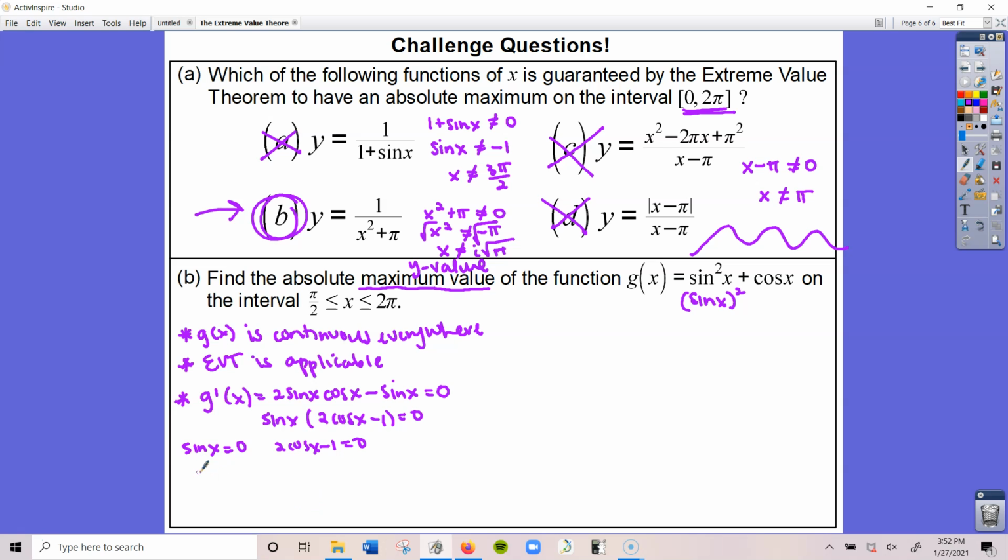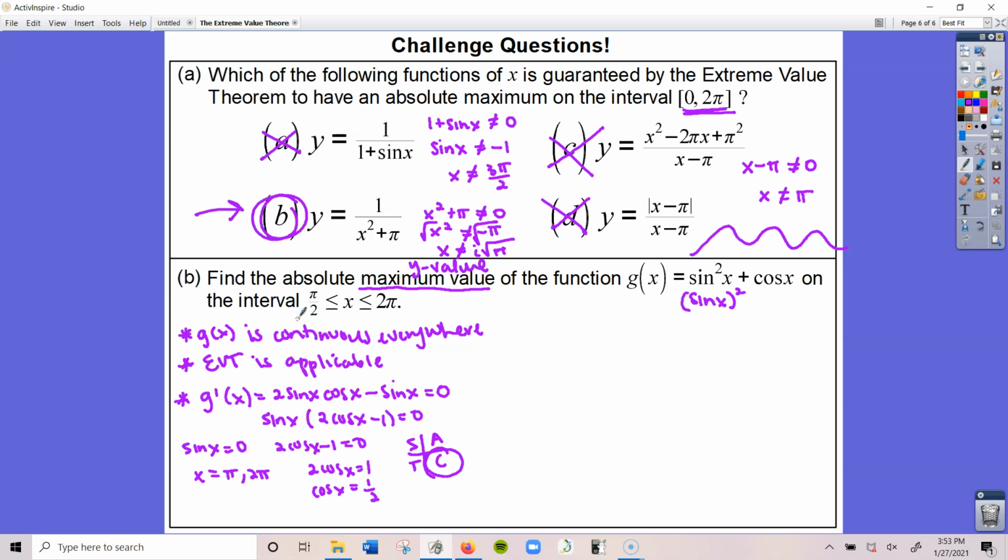Sine of x is equal to 0 when x is equal to pi and 2 pi. For this one, we would have to add the 1, so 2 cosine x is equal to 1, and then divide by 2, so cosine x is equal to 1/2. Now cosine is positive in quadrant 4.